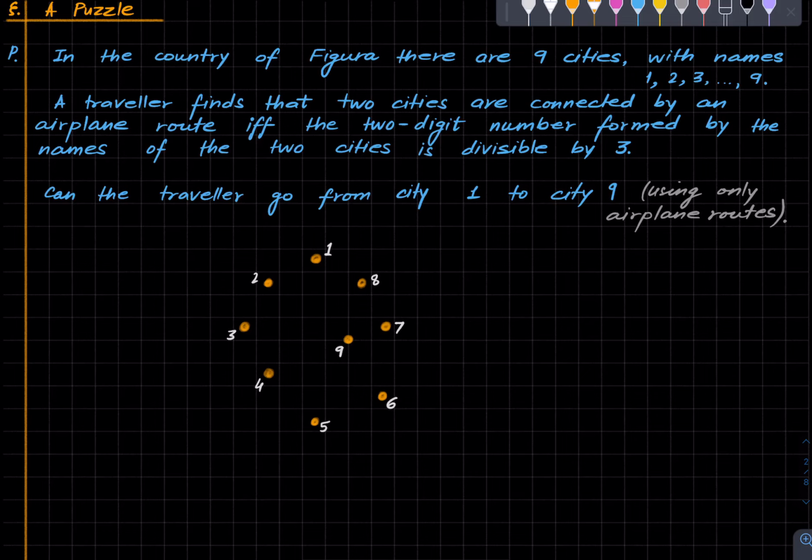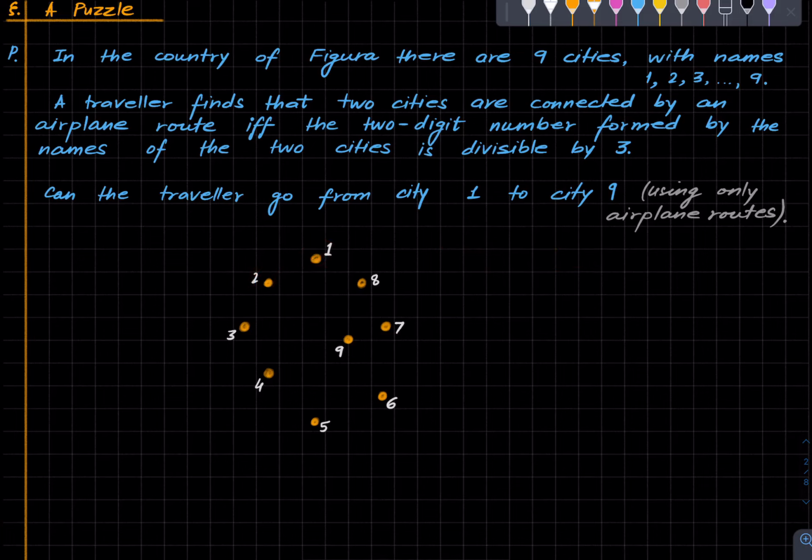So for example, 1 and 2, the 2-digit numbers that you can form out of it are 12 and 21. If one is divisible by 3, then the other will also be divisible by 3, because divisibility by 3 only demands that the sum of all the digits is divisible by 3.